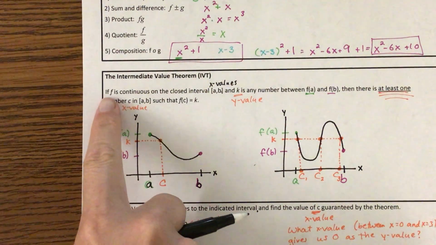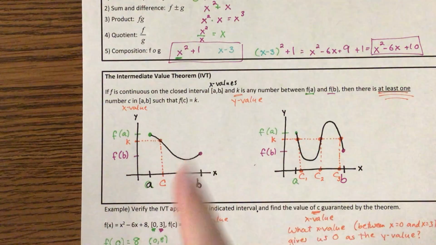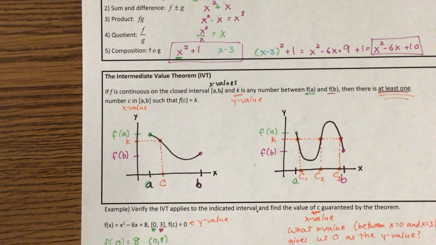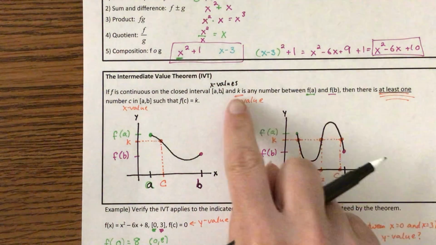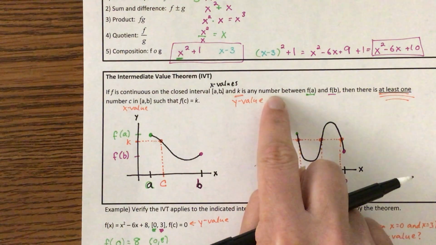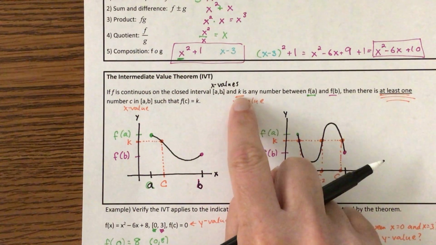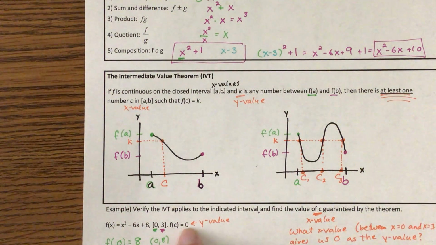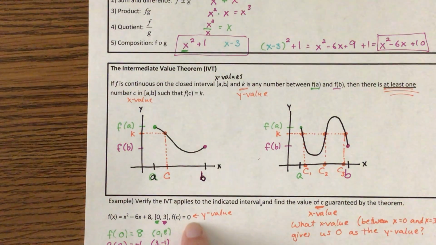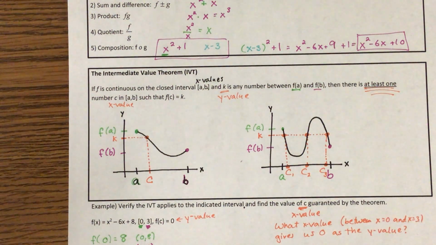Okay, so we're basically just rewording this whole thing to go with our numbers. Instead of like a and b, we get to use like 0 and 3. Okay. And k is any number between f of a and f of b. So they gave us a k, that y value, that f of c. So 0 is between f of a and f of b. Is 0 between those?